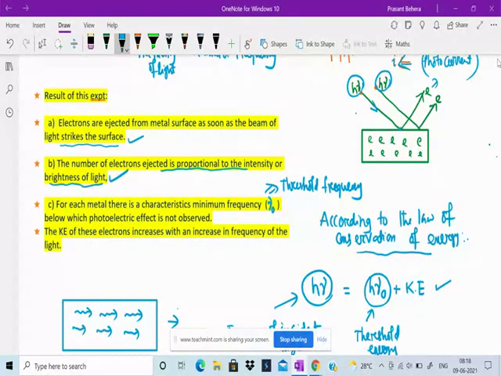Similarly, another photon strikes the metal surface and another electron is ejected, provided that the incident photon has a greater frequency. That means the frequency of the incident radiation should be greater than the threshold frequency. Otherwise, no electron is ejected.